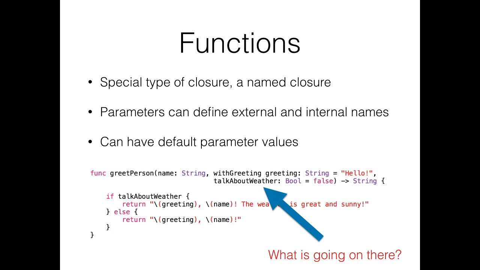What does this mean? So, coming from Cocoa and Objective-C, I'm not really used to doing documentation, and people that work on iOS generally are not doing a lot of documentation on their methods and functions, because generally the names of the functions are like this: greet person name with greeting, and talk about weather.